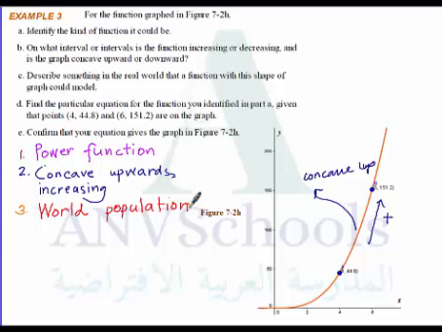Letter D, find a particular equation for the function you identified in part A, given that points (4, 44.8) and (6, 151.2) are on the graph. So let's do that on the next slides.